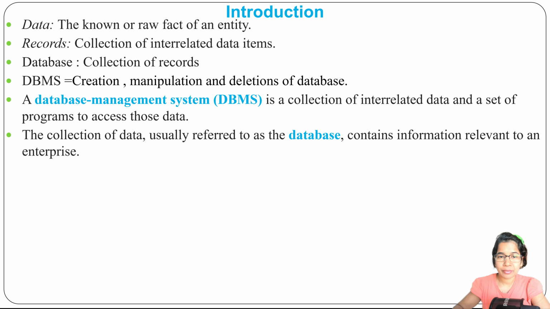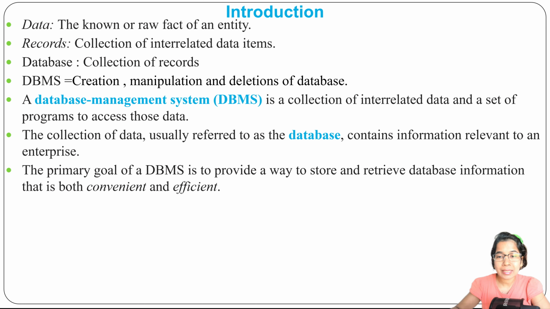Like for university, it contains all the data about the university. Suppose a hospital, it contains all the data about the hospital. So the primary goal of DBMS is how we can access the data from the database conveniently and efficiently. How can store, how can retrieve information from the database in a more easy way.